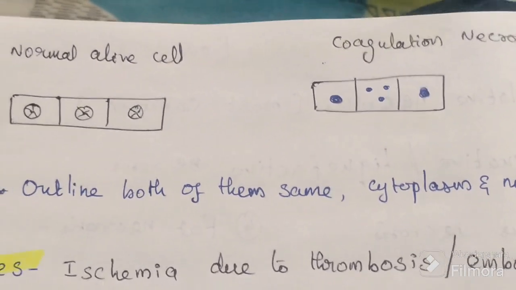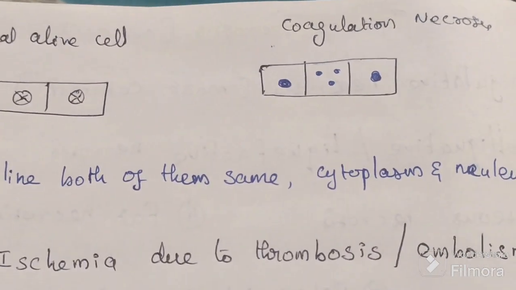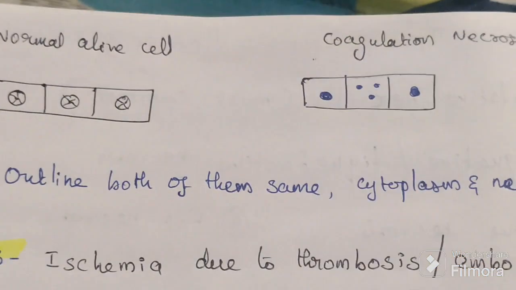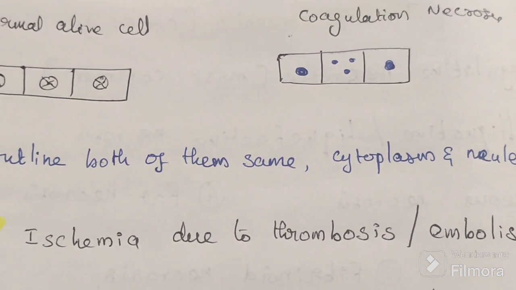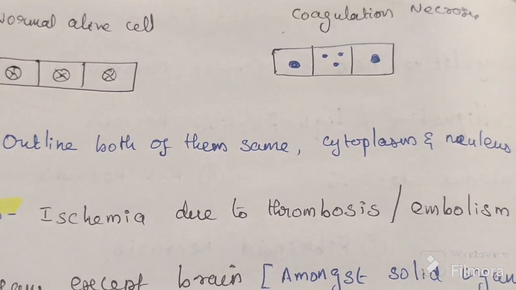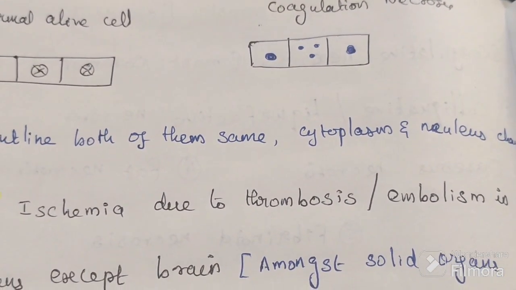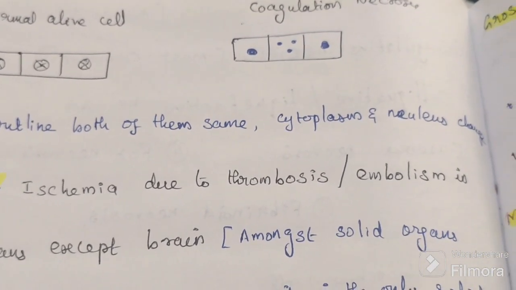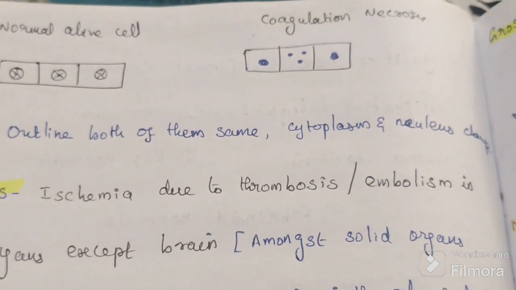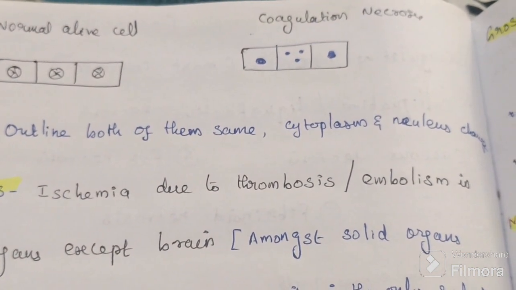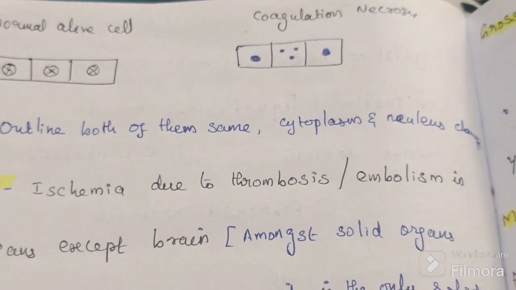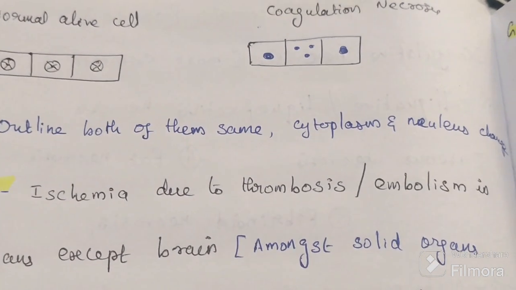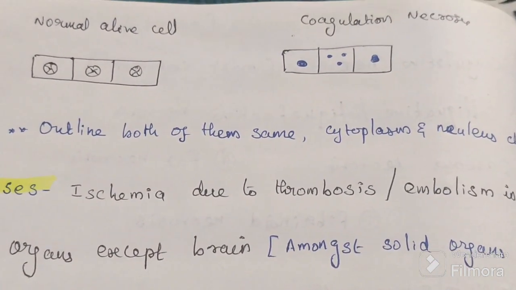So the architectural outline is still maintained, but inside, the cytoplasm and nucleus detail are lost because of cell death. Only the architectural detail is still there, so it looks like a ghost. It is also known as tombstone appearance. Only the outline is there, inside nothing. Like a stone, it is called tombstone appearance.